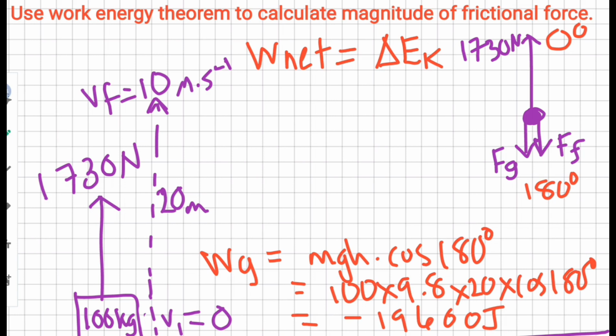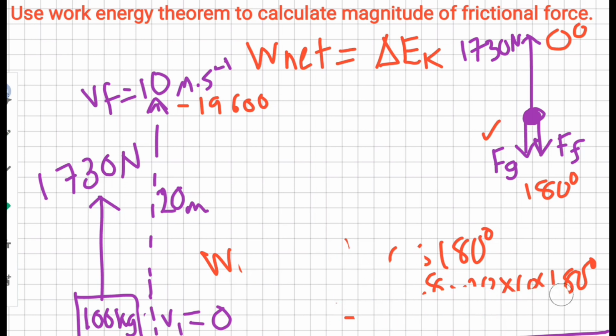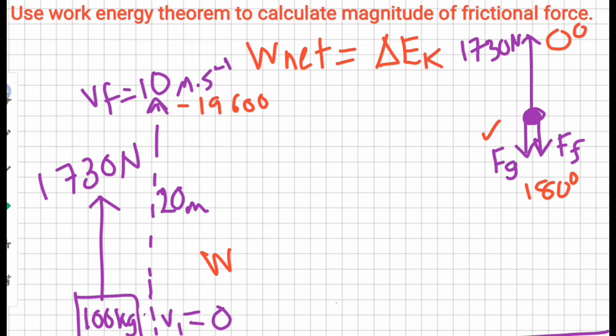Right? So when we enter into this formula, we're going to have a negative 19,600 joules. Let's leave the joules. So that is the work done by gravity. What will be the work done by the applied force F, the pulling force?